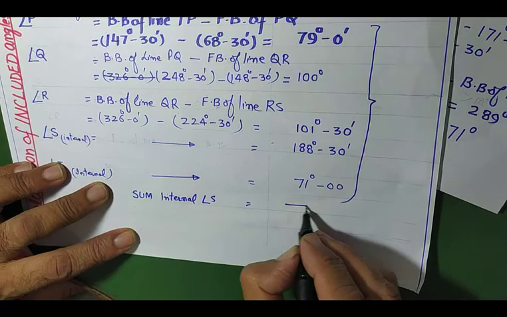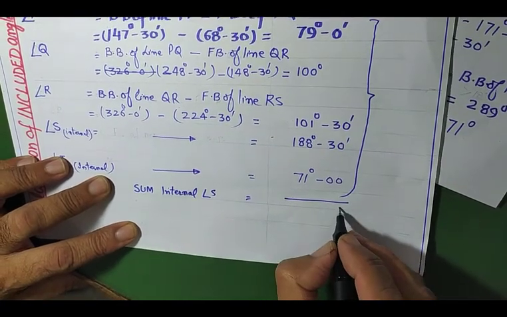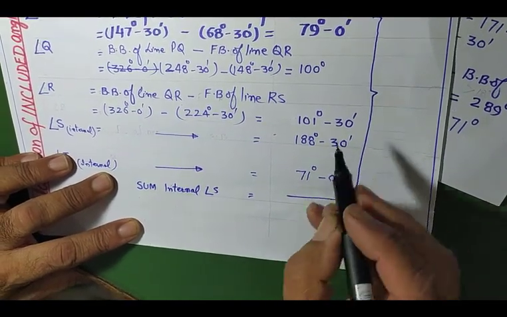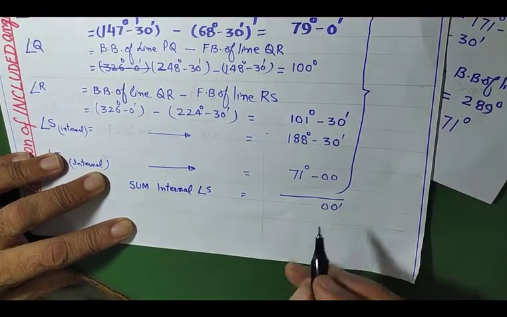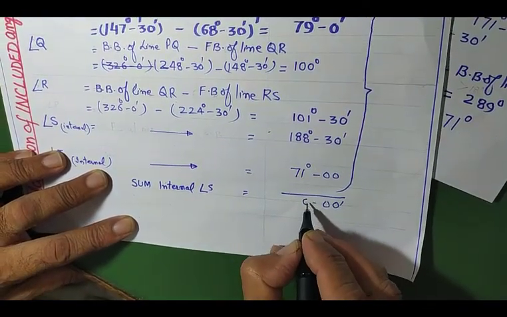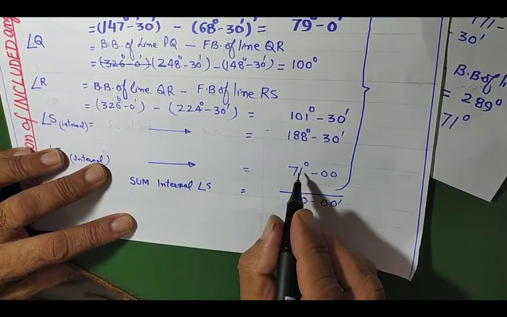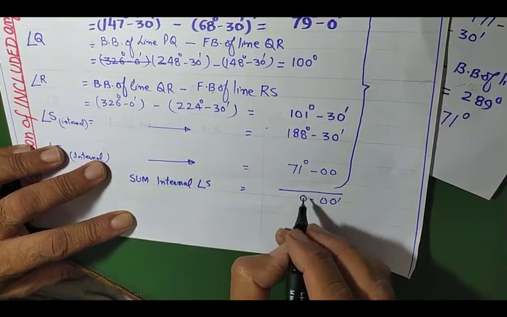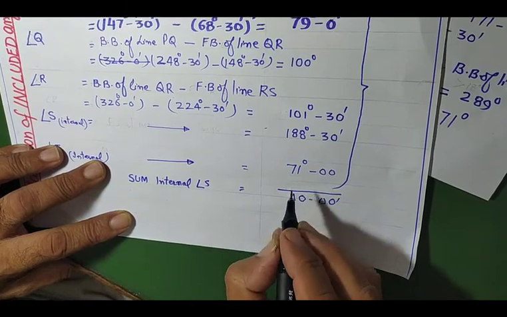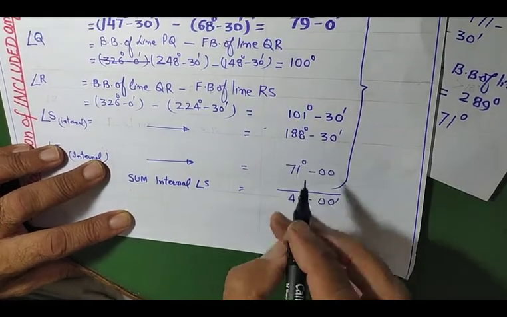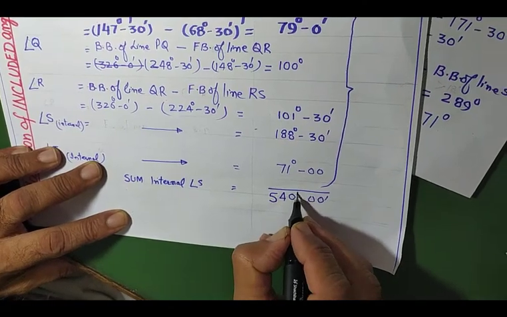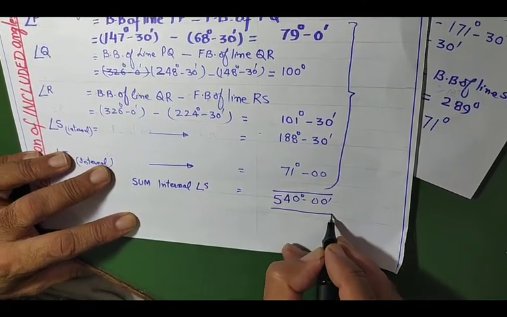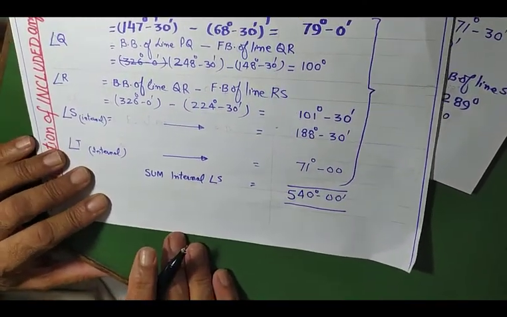This comes to be 540 degree. The total sum of the internal angles is equal to 540 degree.